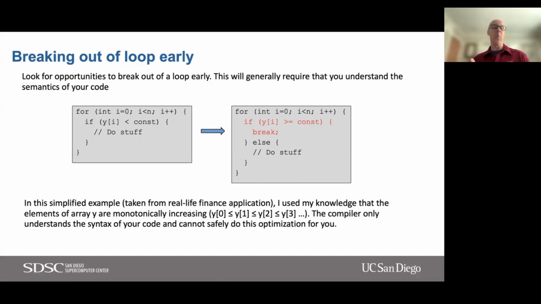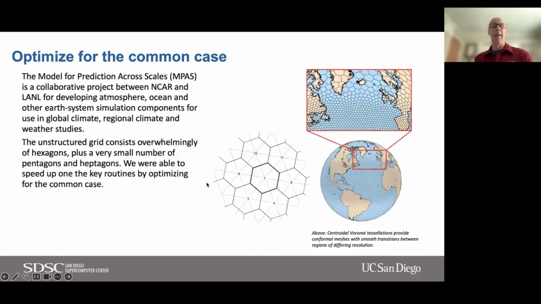But this is a case where my colleague and myself, we knew something about the semantics of this code. In particular, that the elements of the array y are monotonically increasing, so that we know once we encounter this condition, where y sub i is greater than or equal to a constant, that we do not need to do any more iterations of that loop. We could break out early.